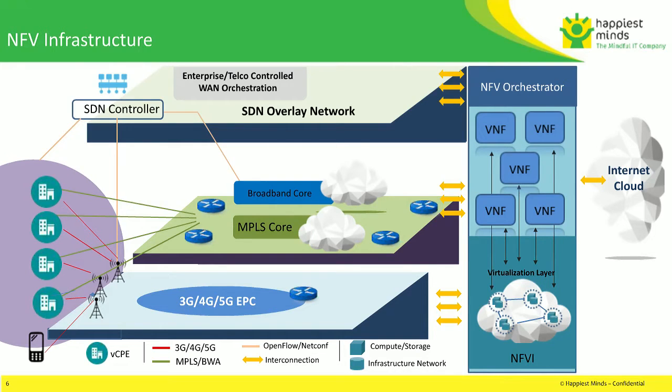And the third component at the top is the overall overlay network, which ideally would be managed by a centralized WAN orchestrator, which interfaces with both the SD-WAN controller as well as the NFV orchestrator.